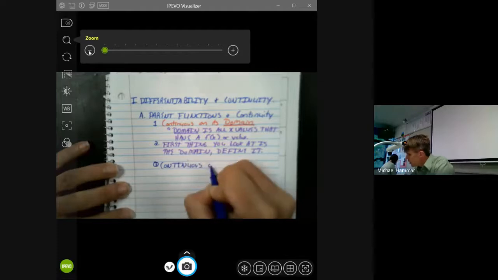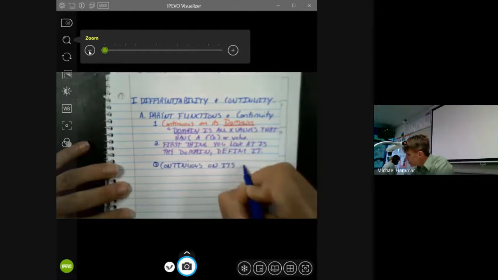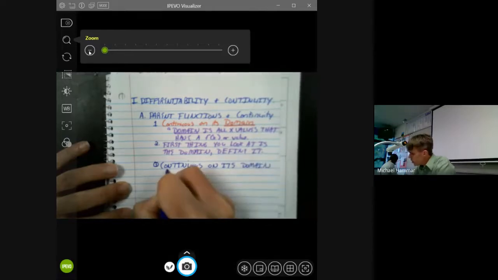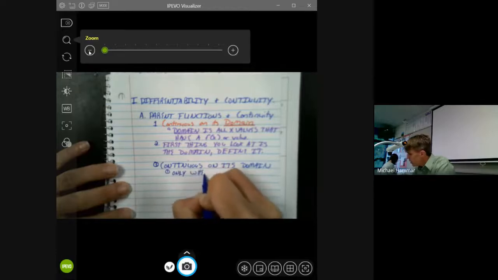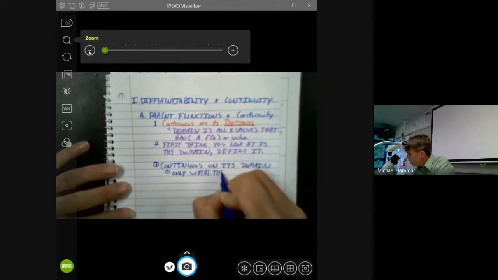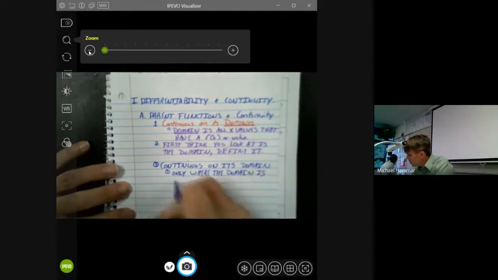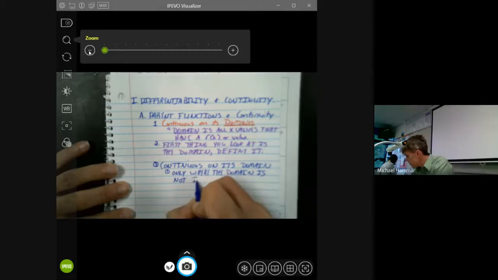Continuous on its domain means you need to look only where the domain is, not its exceptions.